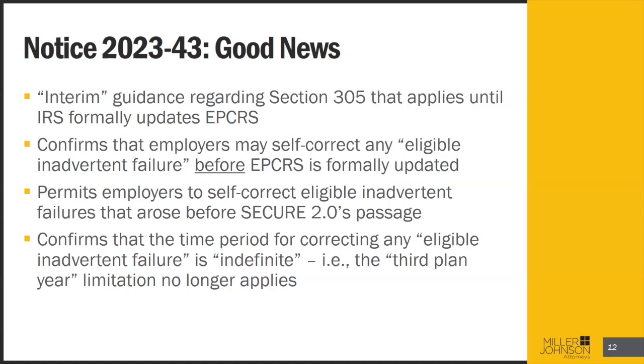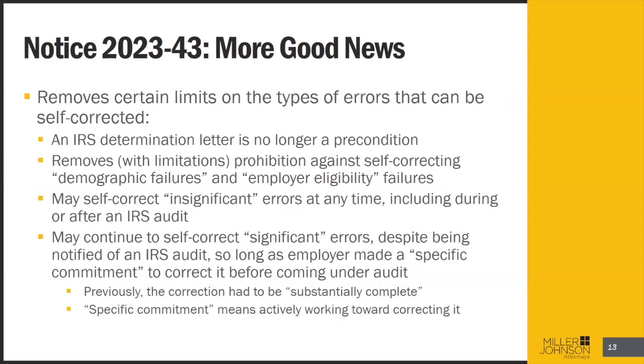Also confirms that, as I mentioned, the time period for correcting these inadvertent failures is indefinite. That limitation of the third plan year following the year in which the error occurred for significant failures no longer applies, which is a good thing. It also confirms some of the things that you might read into Secure 2.0 based on the language there.